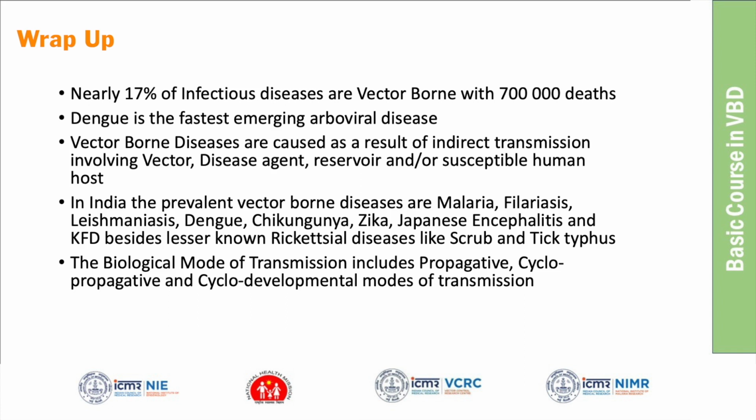India is currently eliminating malaria, lymphatic filariasis, and visceral leishmaniasis. However, dengue is the fastest emerging arboviral disease, not only in India, but also in several other countries of the world.